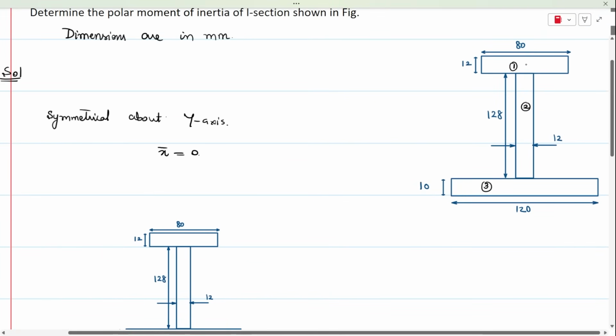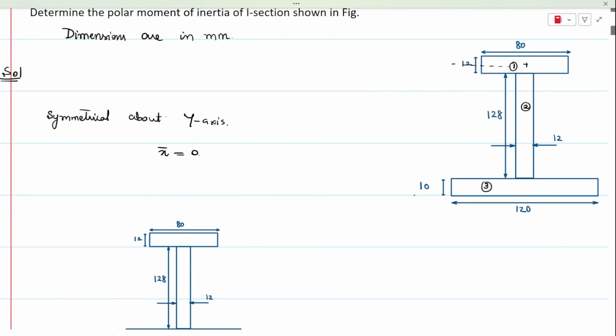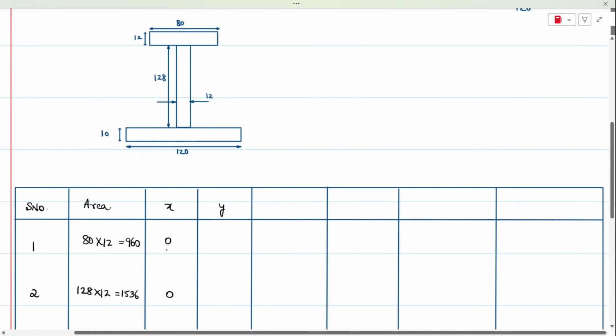For the first area, it will be 12 by 2, and if we consider it from the base, the distance from the base up to here will be 12 by 2 plus 128 plus 10, that is equal to 138 plus 6, 144.